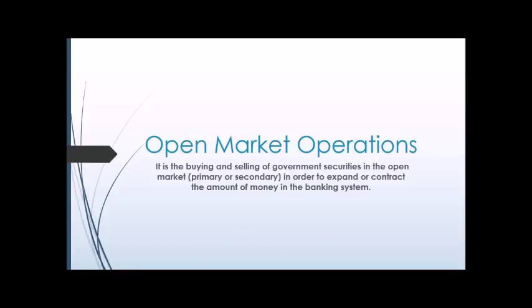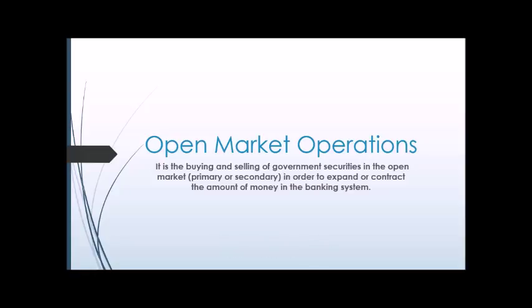Open market operations. The most important and flexible tool of monetary policy is open market operations. It is the buying and selling of government securities in the open market, that is, primary or secondary, in order to expand or contract the amount of money in the banking system. By purchasing securities, the central bank injects money into the banking system and stimulates growth, whereas by selling securities, it absorbs excess money.